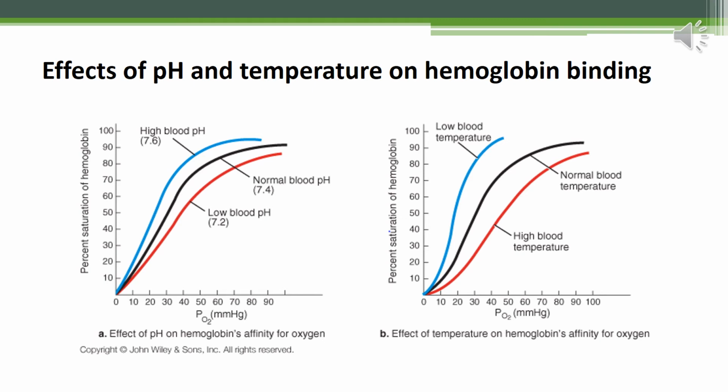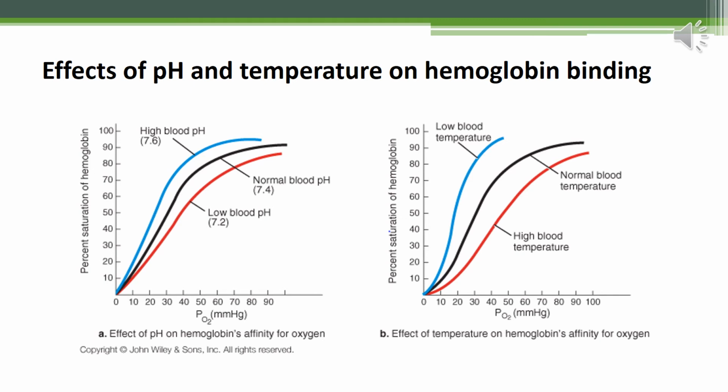These graphs show the effects of pH and temperature on hemoglobin binding, or hemoglobin's ability to bind oxygen. And here in black, we just have the hemoglobin affinity for oxygen in normal conditions. So here at left, the normal condition is a blood pH of 7.4.